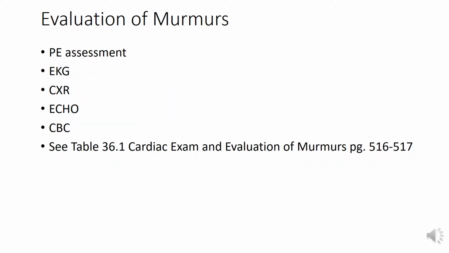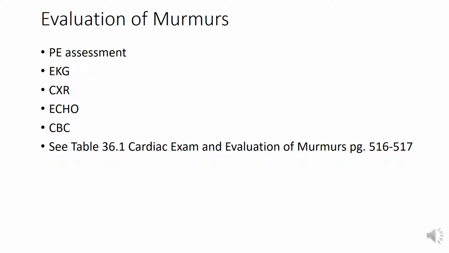When you hear a murmur on exam, the clinical presentation may be that the patient is asymptomatic, or they may have dyspnea or orthopnea, fatigue, weakness, chest pain, syncope, or peripheral edema. So what you really need to do is do an EKG, and then you need to do an echo. The echo is needed to diagnose the abnormal heart valves, whether they're either stenotic, which means they have trouble opening, or they're regurgitant, which means they have trouble closing.